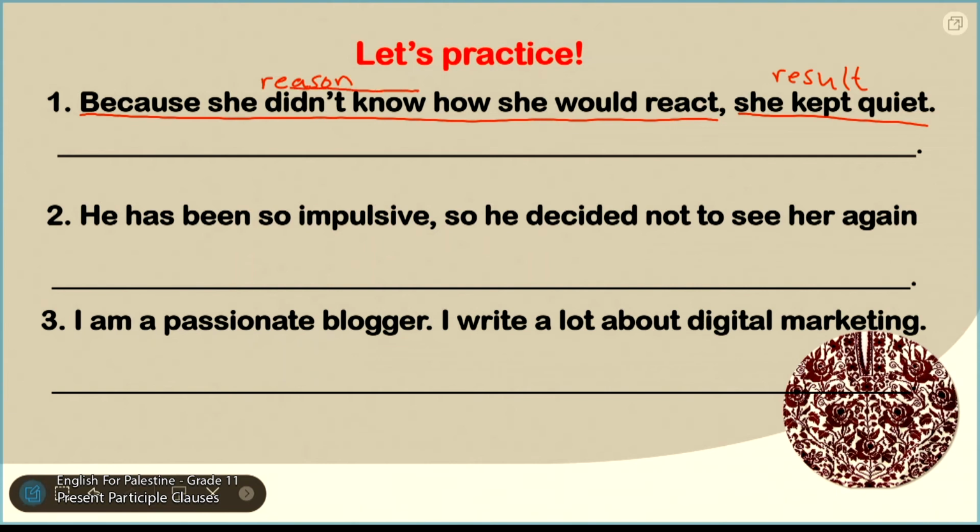Didn't know. What is the infinitive form of didn't know? Be careful. When we have don't or didn't or doesn't, the form is not plus the infinitive of the verb. So here we have not know. When we add ing, it becomes not knowing how she would react, she kept quiet. Okay? Good.